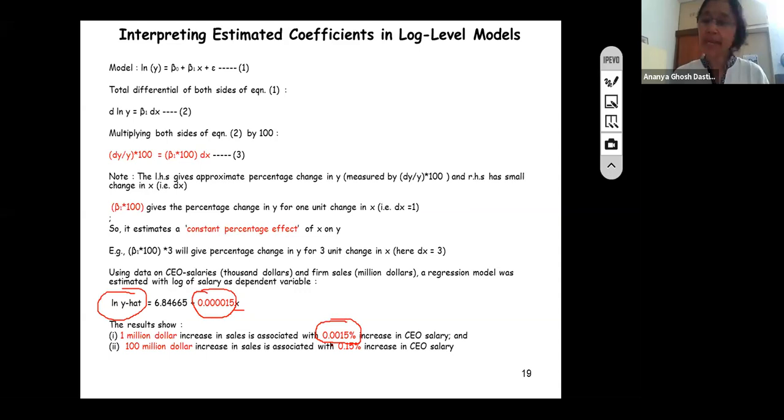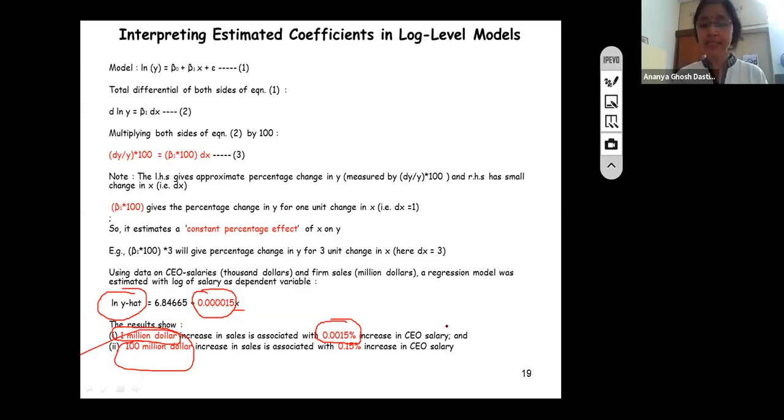Now look at this result over here. Not nice, no? You don't like to report things with 0.0015%. It sounds very bad, like it's so little. So fine, don't report such things. Be clever: scale up your explanatory variable. Don't talk about a $1 million increase in sales. Talk about a $100 million increase in sales. Multiply beta hat by another 100.